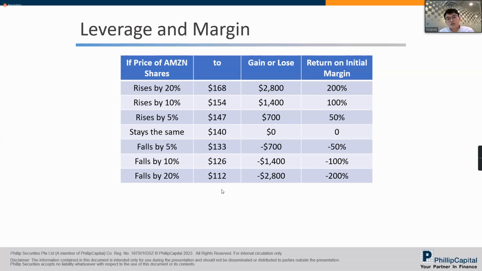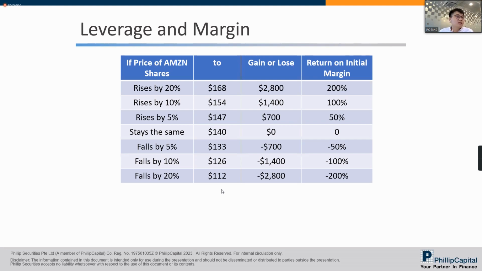But also, if the price falls by 5% to $133, you lose about $700, which is 50% of your position, 1,400. If it falls by 10% to $126, you will lose 1,400, and so on.